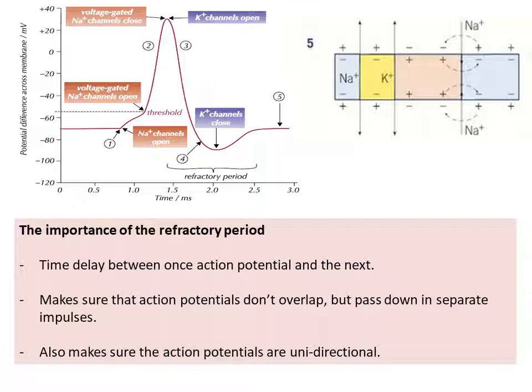I will just say that if you look on the diagram, you can see that the refractory period is a very short period of time. It's only about 1 millisecond, so it's not a huge amount of time, but it's long enough to prevent the ions diffusing backwards and therefore the impulses travelling in a much more random fashion, which obviously would be of no value whatsoever.